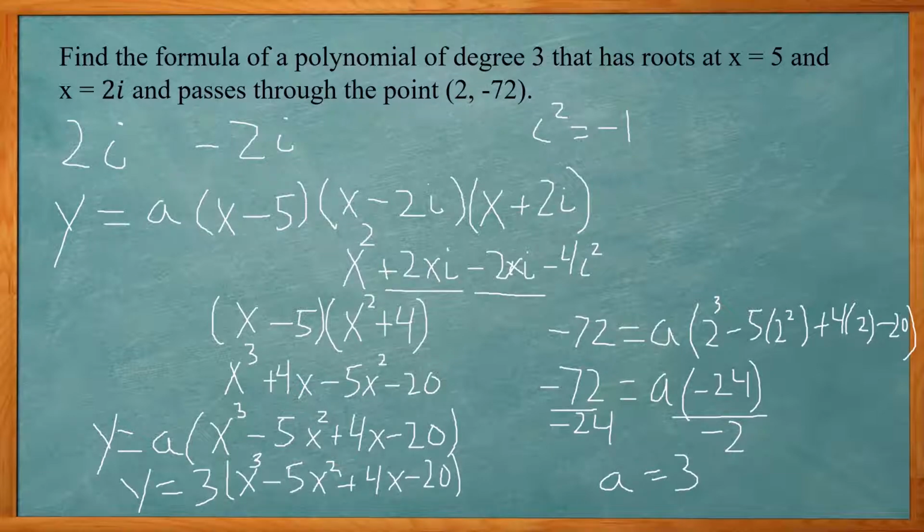And if you multiply that out, you'll end up getting y equals 3x to the third minus 15x to the second plus 12x minus 60. Alright, so that's our polynomial that has roots of x equals 5, 2i, and negative 2i.